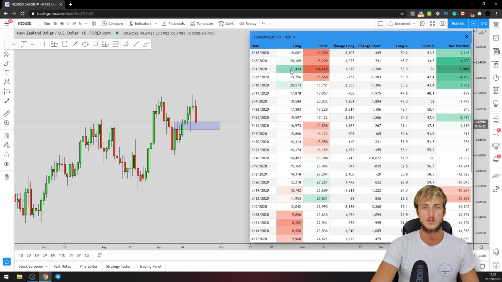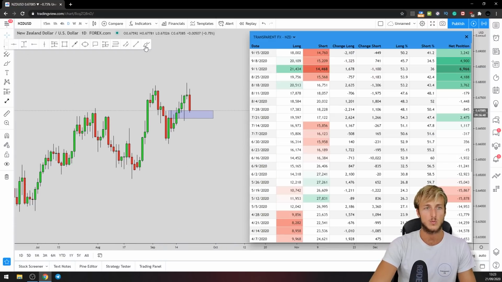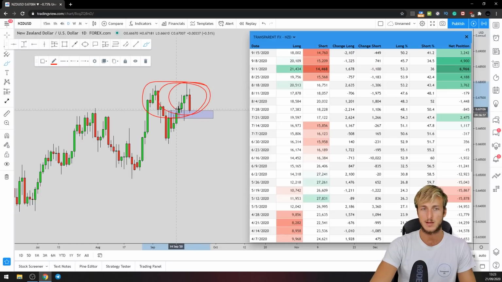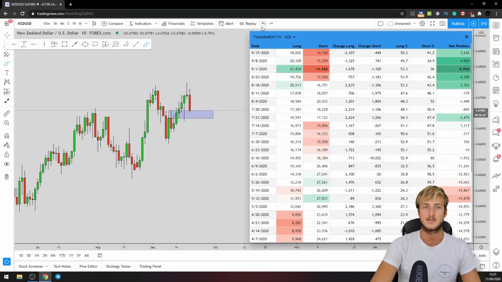And if we look at the longs, we went from 21.4K to 18K longs, meaning that we went from having more longs than shorts to having a little bit more shorts, but definitely way less longs. Meaning that what is happening at this strong supply from the monthly is the preparation for a possible move to the downside. Institutions are starting to close their longs and add some shorts.